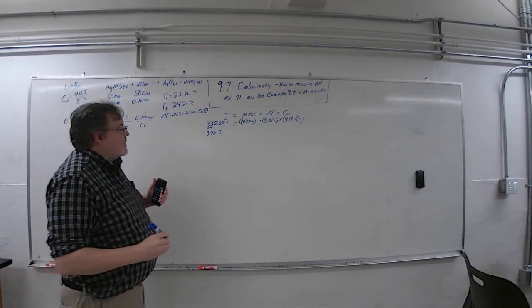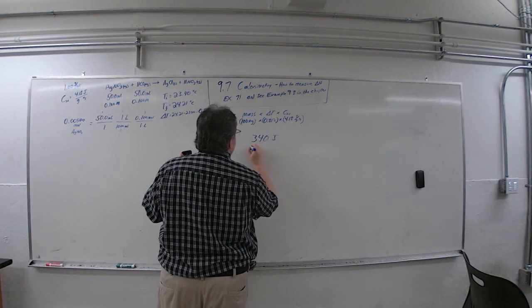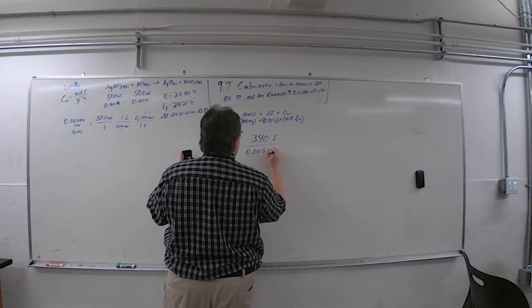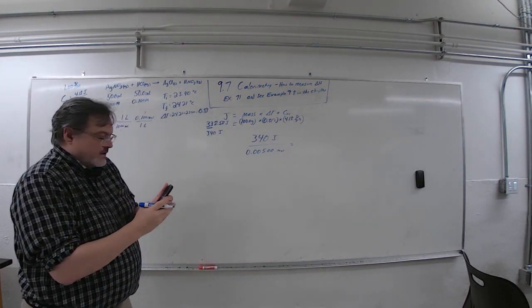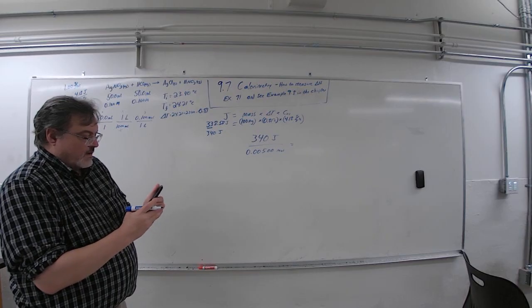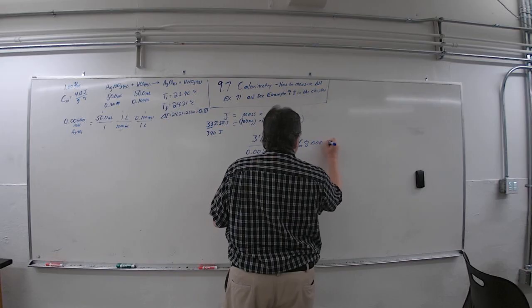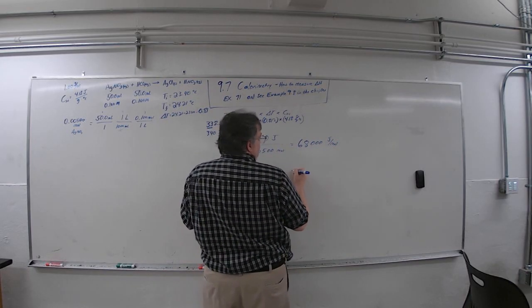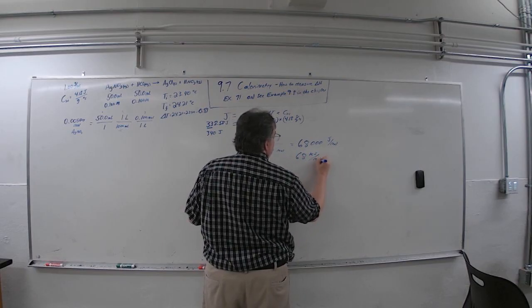So the joules per mole is 340 joules divided by 0.00500 moles. Joules per mole is 340 divided by 0.005. You could say 68 kilojoules per mole.